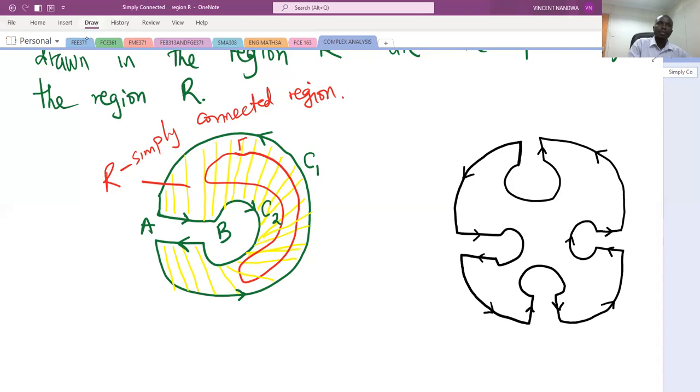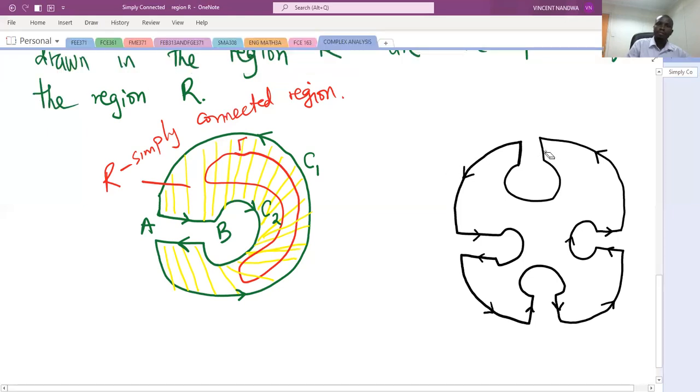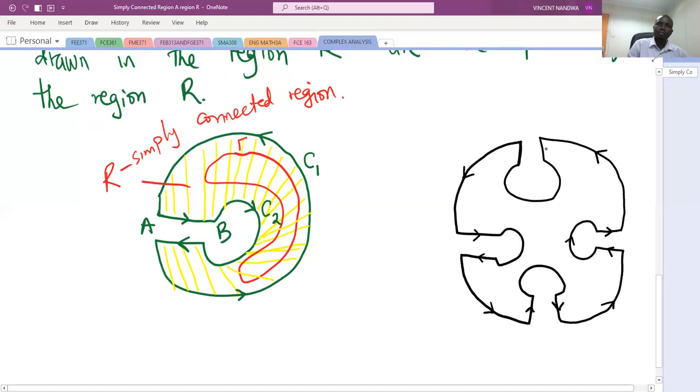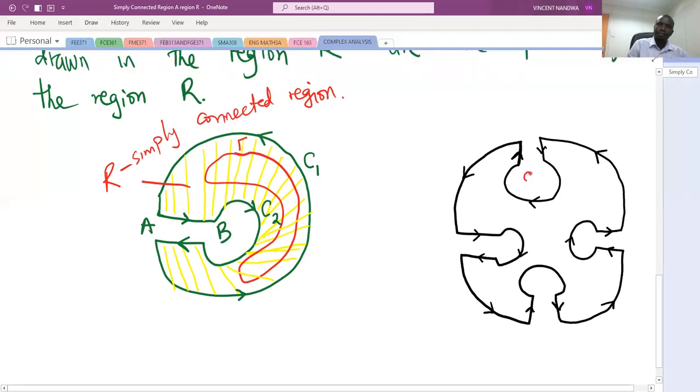So this arrow is pointing down. So call this one C1, C2, this is C1, this is C3, this is C4, this is C5.